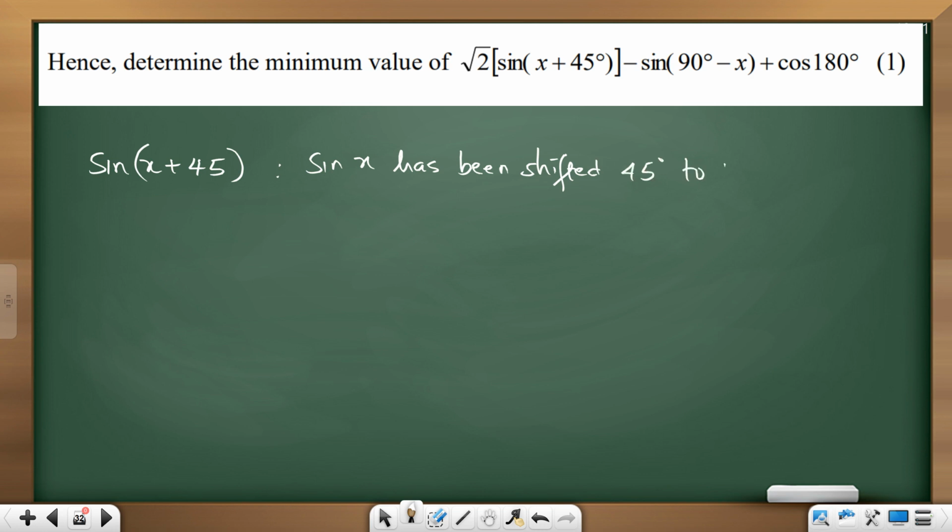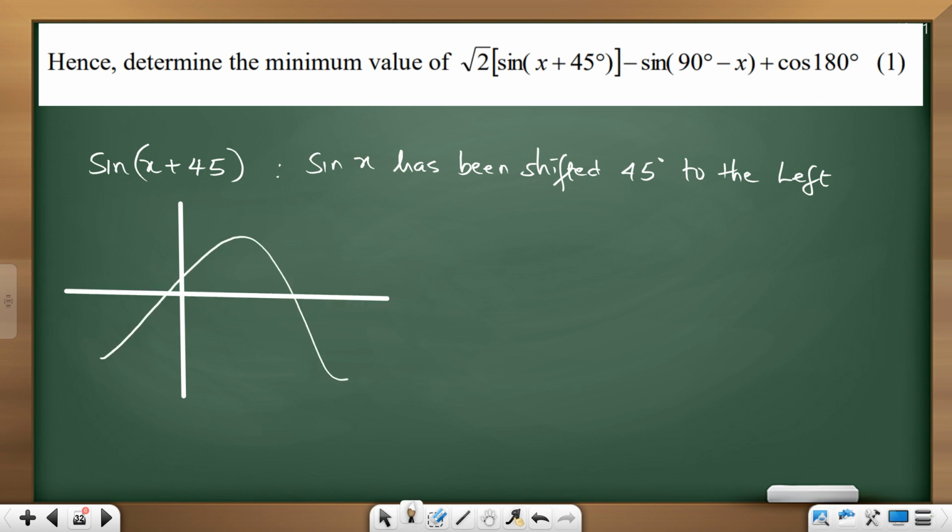Degrees to the right. Left. Oh, yeah. Come on, horizontal shift. X's are always deceiving. That's what we say. From experience, X's are always deceiving.